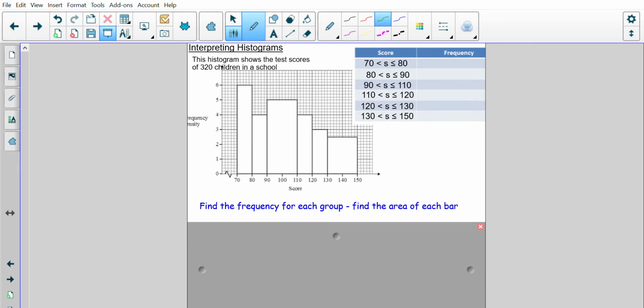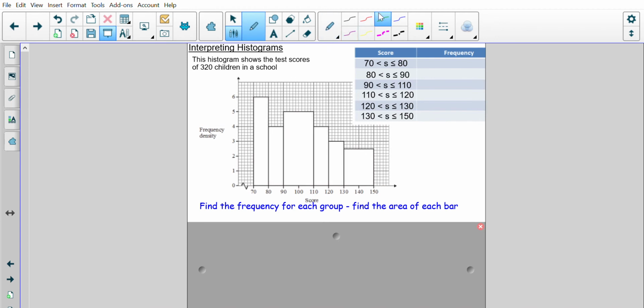So starting with the first bar. For the area, I want to do the width, which is 10, multiplied by the height, the frequency density, which is 6, giving me a frequency of 60.